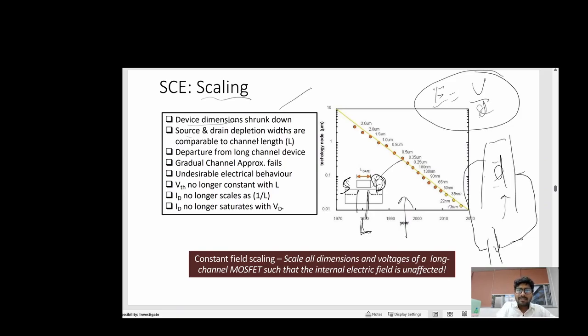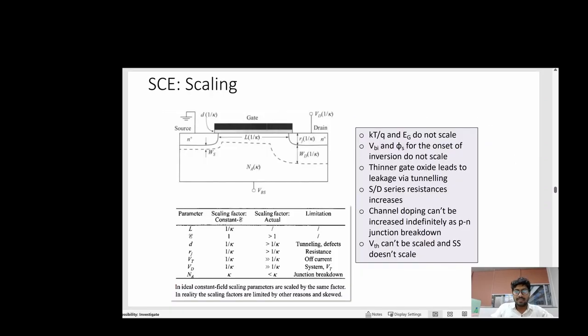Source and drain depletion widths are comparable to the channel length. So if you are applying some voltage here, let us say in this one, we will come to the next one, because if we go back, that will be difficult. Okay, in the next one, if I show you, if you are decreasing this length, there is some depletion region associated with this one.